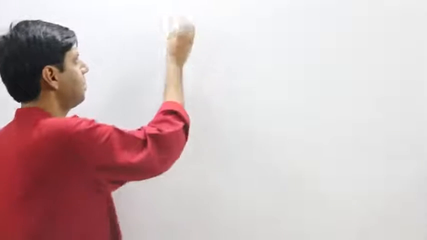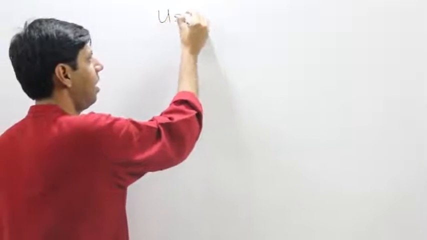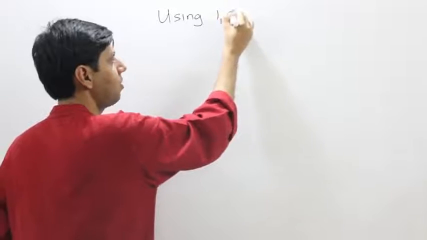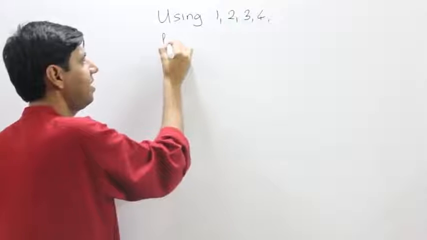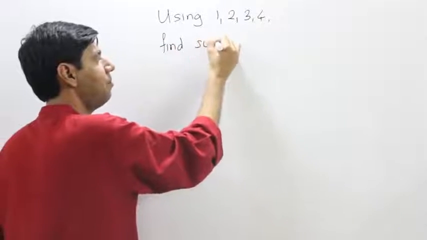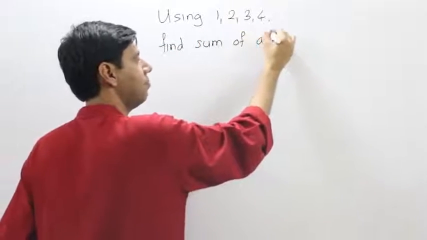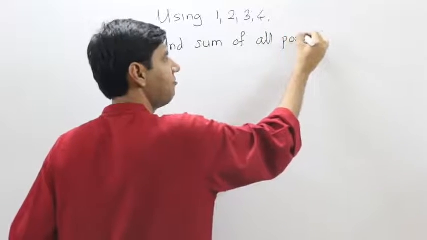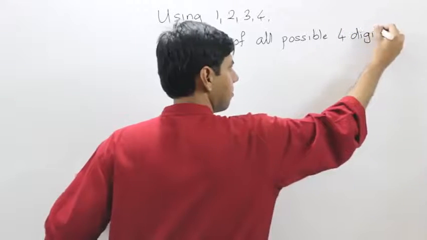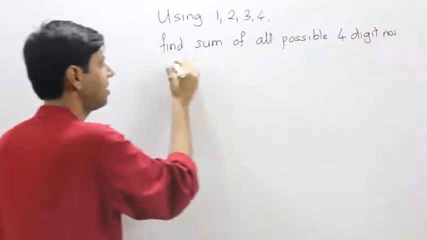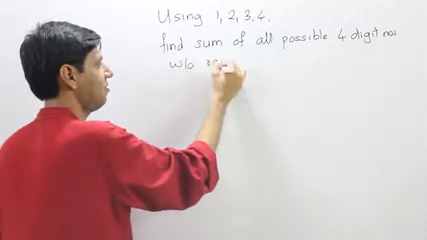There is one unique question. So we'll end the topic of forming numbers with that unique question. Let's say, using 1, 2, 3 and 4, find the sum of all possible 4-digit numbers, without repetition.